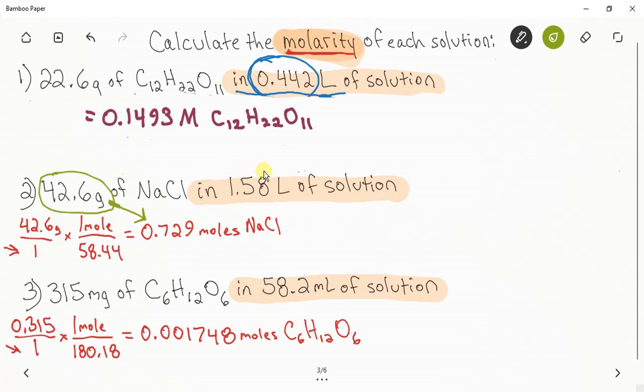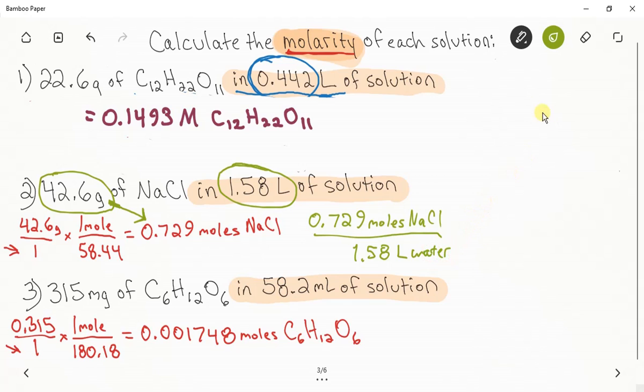And now we have a new detail in the problem. It's telling us how much water we put in with the salt. So we took a picture and we put in 0.729 moles of sodium chloride, and in that picture we put 1.58 liters of water.